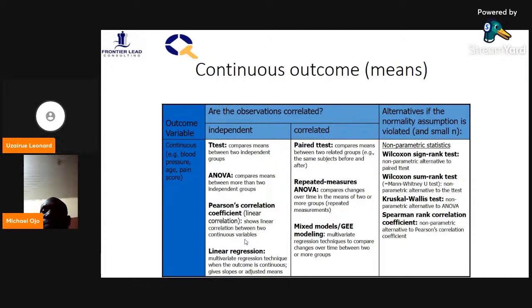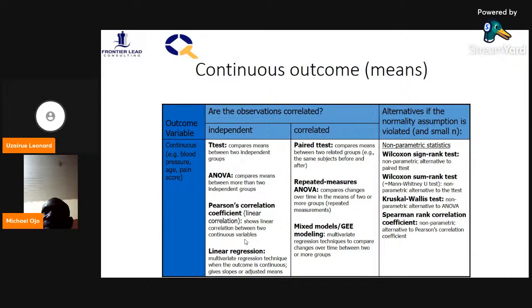But in this case, we are checking the relationship between more than two continuous variables, for example age, quality of life, and IQ test. For those three, you'll be using what we refer to as multiple regression.